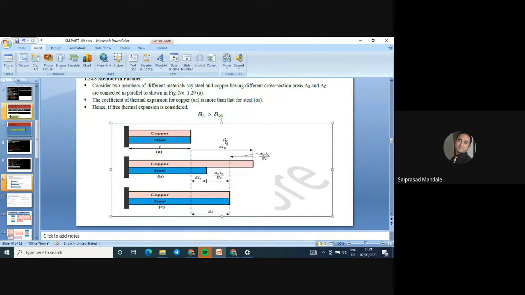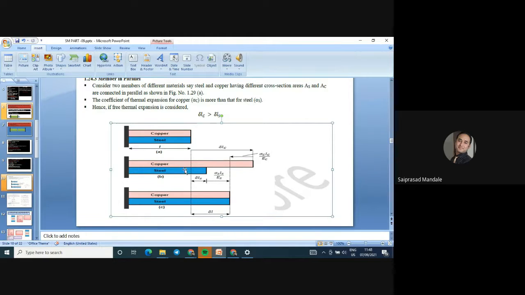That is delta C. But steel still pulls that copper backward. My point is steel exerts a compressive force on the copper. So instead of having elongation of that much, it only elongates from this original position to that position.